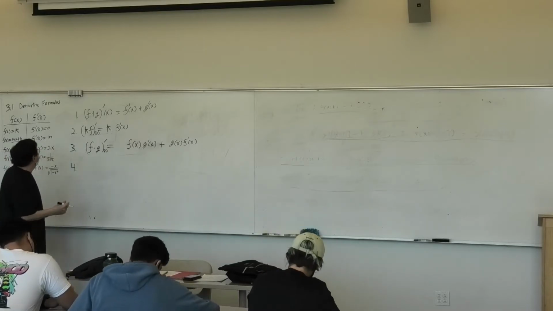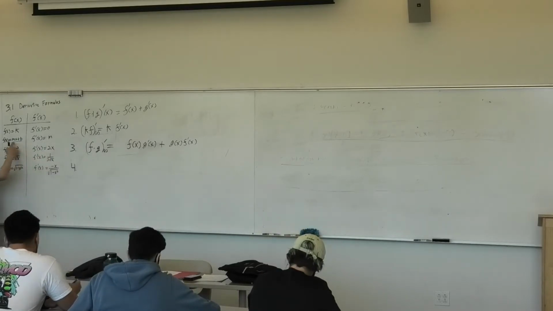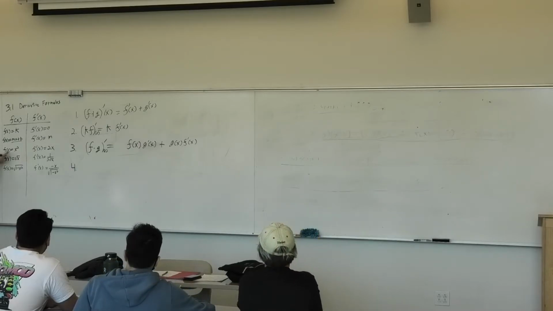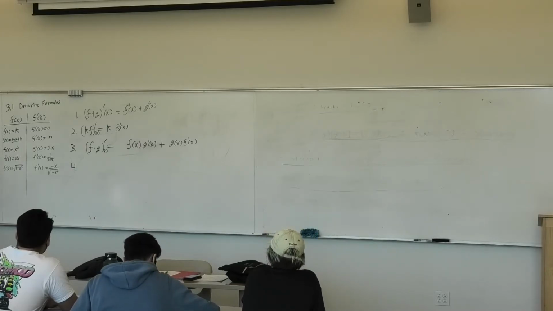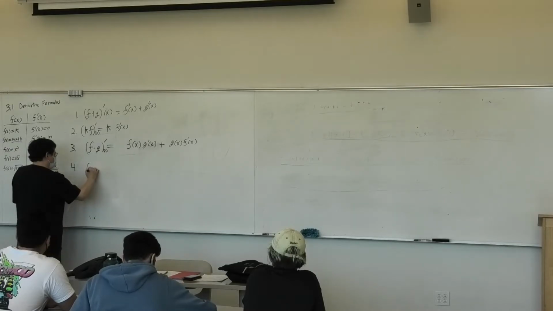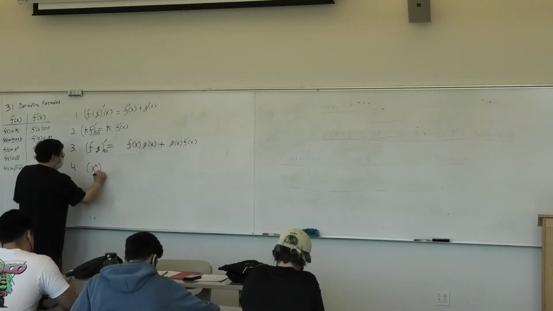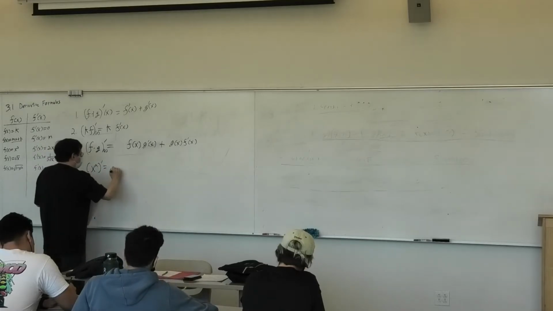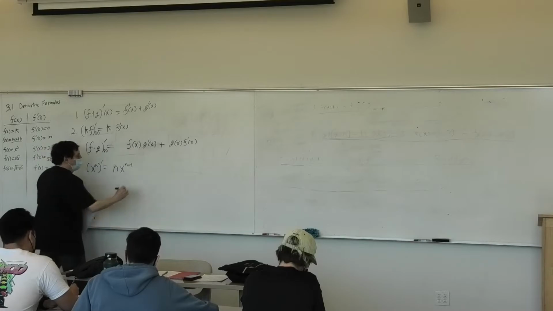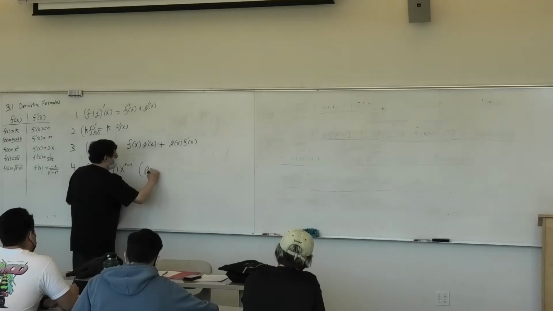We've seen a few functions here that involve just an x. Right? Here's like x to the 0. That's a constant. We have x to the 1, x to the 2. We're going to come up with a formula for the derivative of x to the n, which is going to be n x to the n minus 1. This is called the power rule.